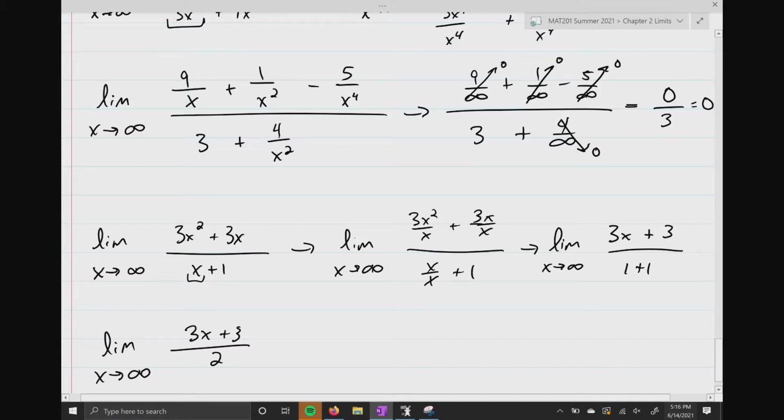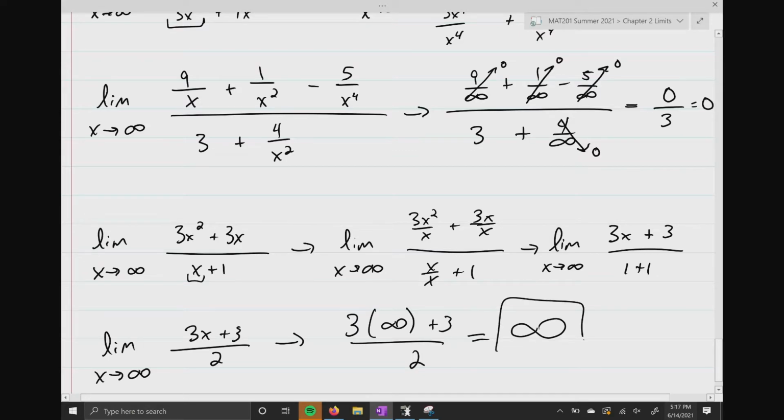Now, if I were to substitute in my limit, really what's happening here is I have 3 times infinity, which is infinity. Infinity plus 3 is still infinity. And infinity divided by 2 is still infinity because it just keeps getting larger and larger and larger. So this goes to infinity.